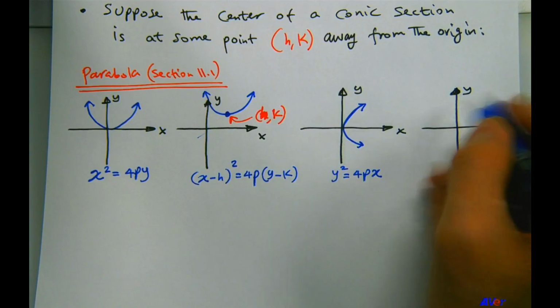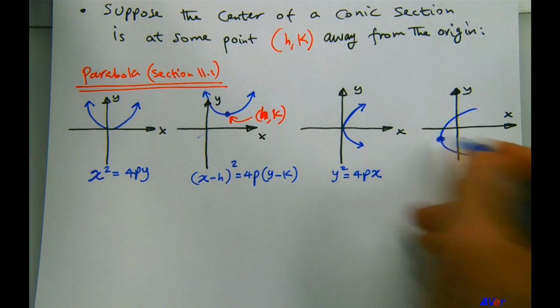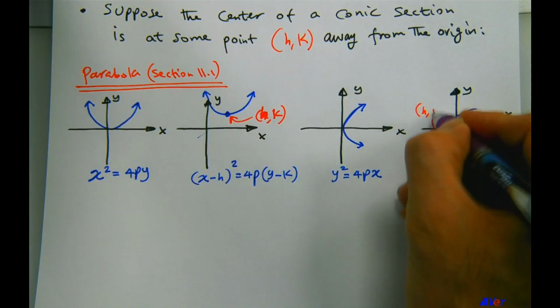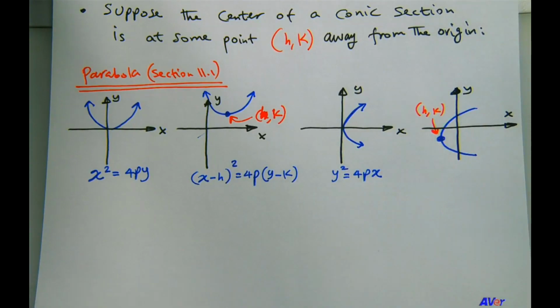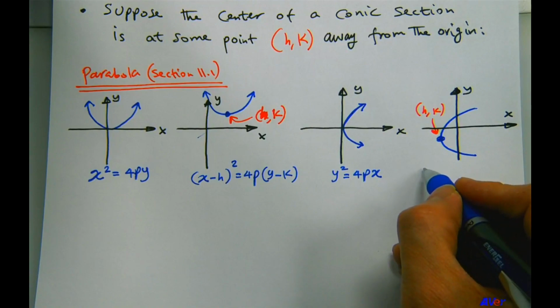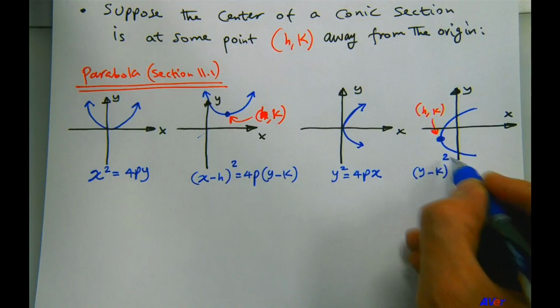So if we have a parabola like that, where the vertex is at some point, let's call it h comma k, then the formula will adjust by becoming y minus k squared.